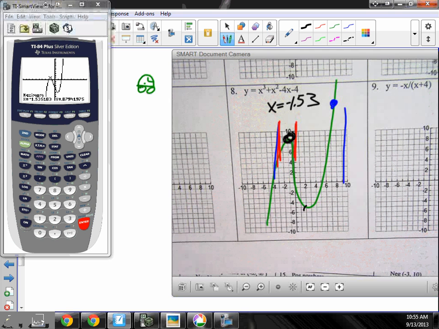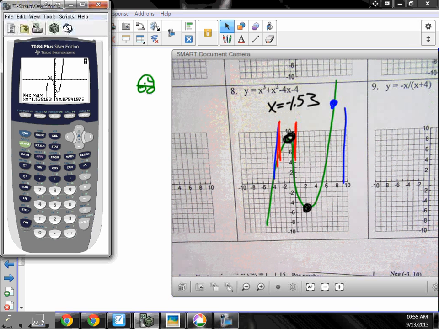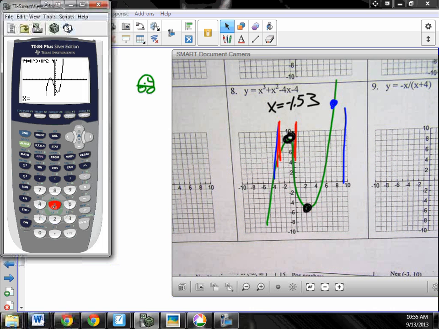Now I need to find my relative minimum. So second calc, minimum. And it looks like it's really close to 1. So my left bound I'll push 0. My right bound I'll push 1. Or sorry, I should have done 2. But that'll still work.